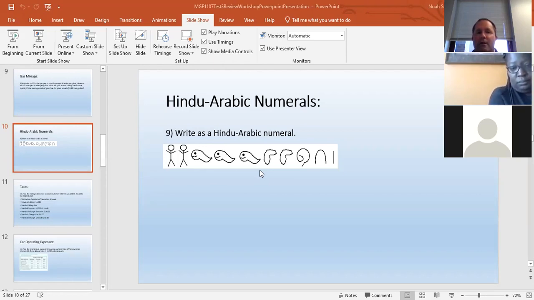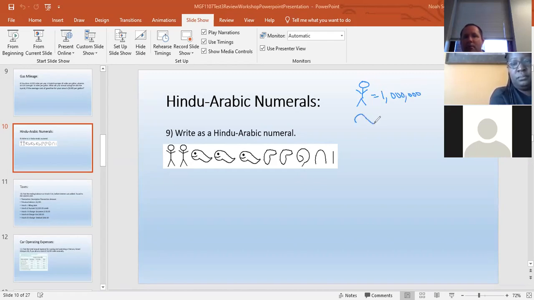So the stick figure is basically a million. Let me write these out for everyone. The person with the stick figure is worth 1 million.